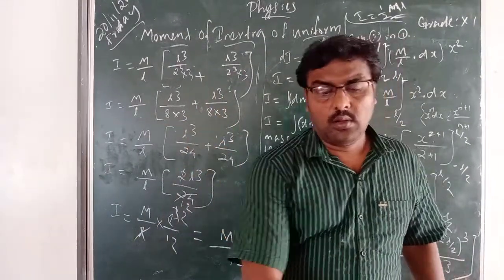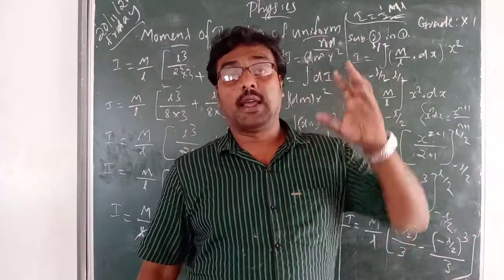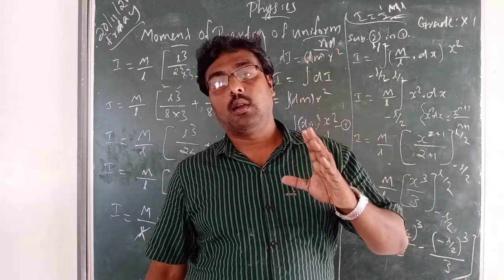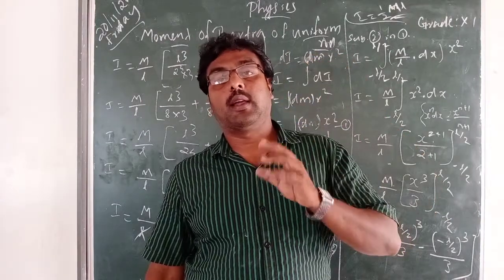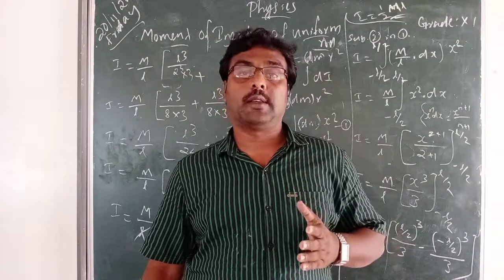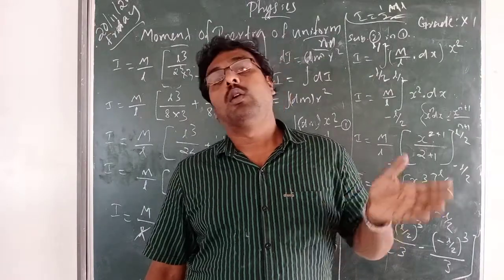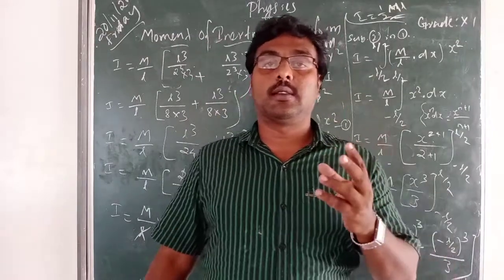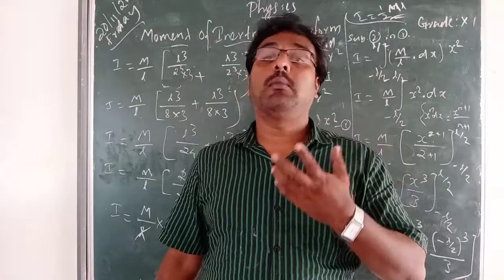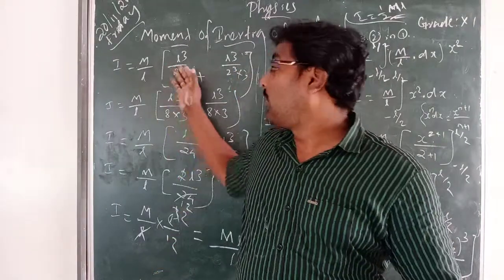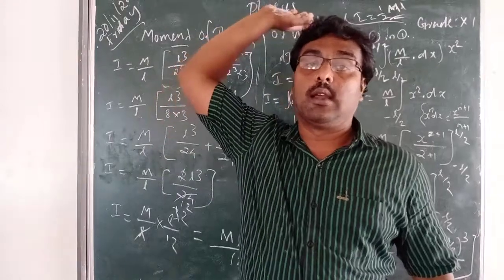So you can learn the formula I is equal to m r square. For a point mass, m i r i square. For a bulk object, sigma m i r i square. For an infinitesimal object, dI is equal to dm r square. From that formula you can derive the moment of inertia.